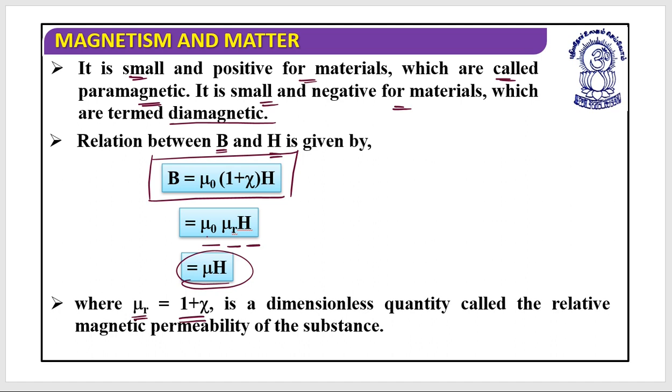So mu r is a dimensionless quantity that we call the relative magnetic permeability of the substance. Got it? Do you have any doubts up till now? No? Great.